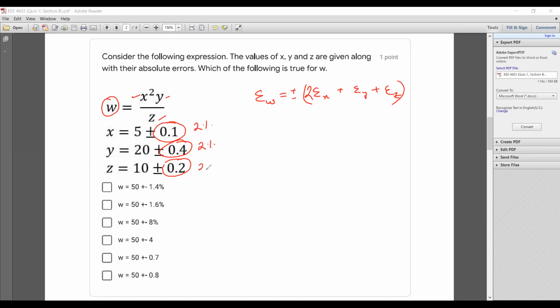For the third case, it is also 2%. So according to this formula, it will be 2 into 2 plus 2 plus 2, which is 8%. So you can easily say that this is one of the answers. And if you take 8% of 50, the absolute error in 50 would be plus minus 4. So this is another answer. So there are two correct answers in this particular question.